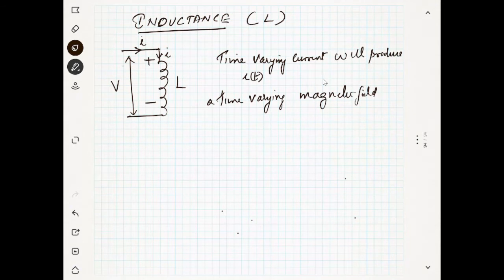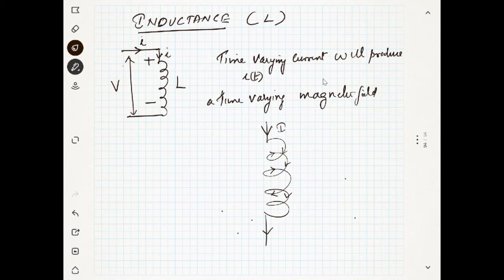Whenever there is a time varying magnetic field, you know that there is a coil and there is a current. Suppose the current is moving in a clockwise direction.